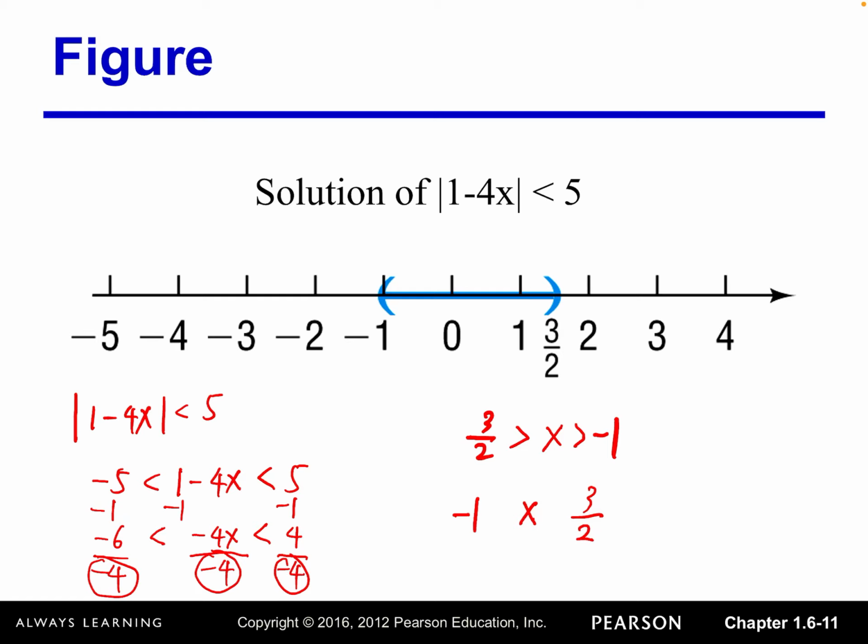So now we interchange the sides. What about the symbol? Stay the same or flip the direction? It should flip the direction. So the final solution is x between -1 and +3/2, which is 1 and 1/2.